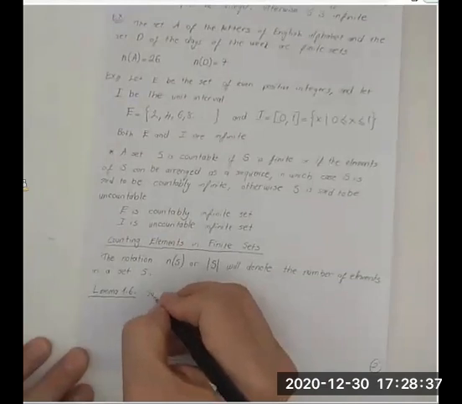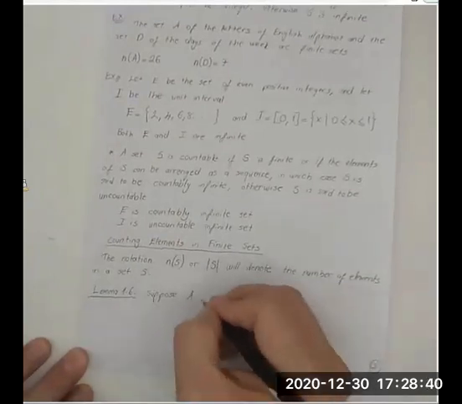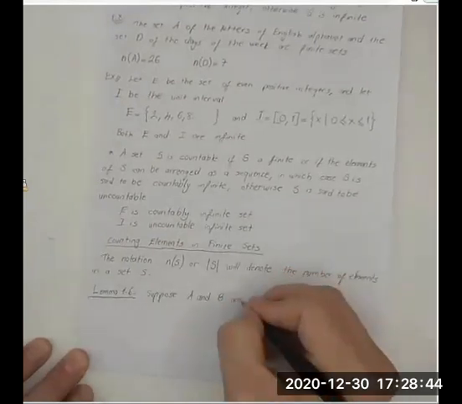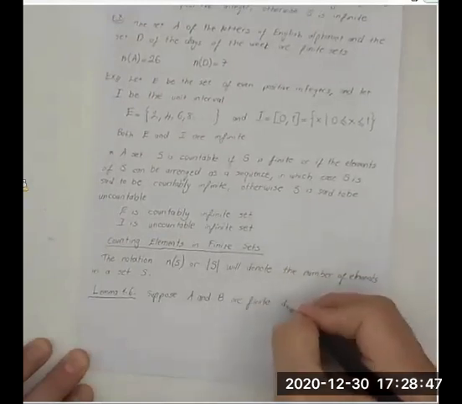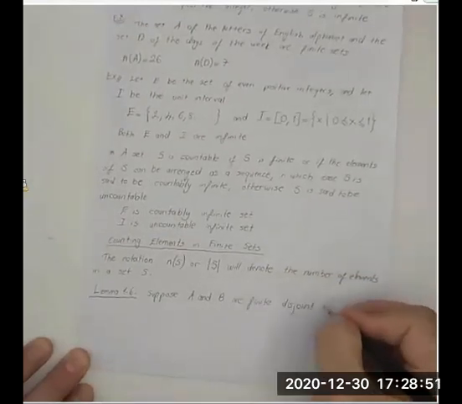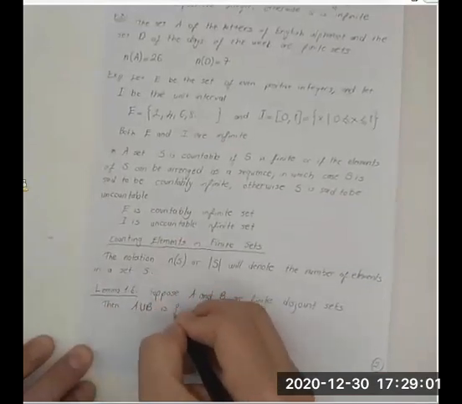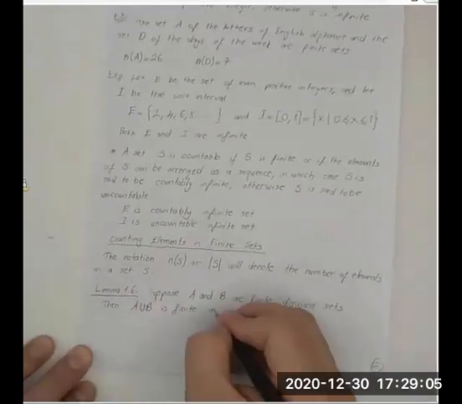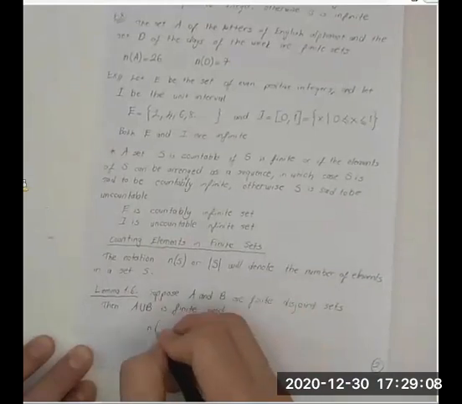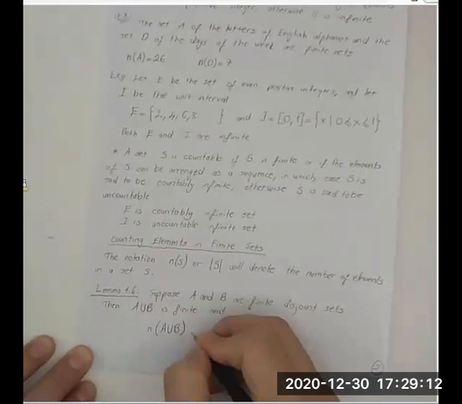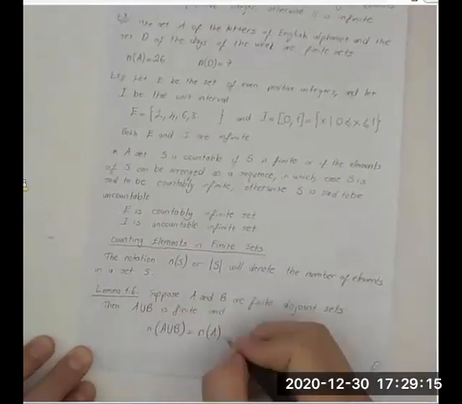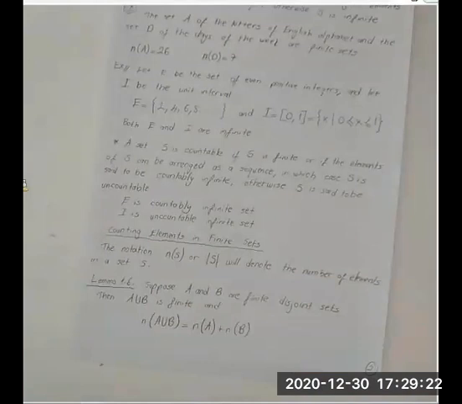Suppose A and B are finite disjoint sets, then we will say A union B is finite also, and the number of elements of A union B is equal to the number of elements of set A plus the number of elements of set B, as an addition. We have those equalities.